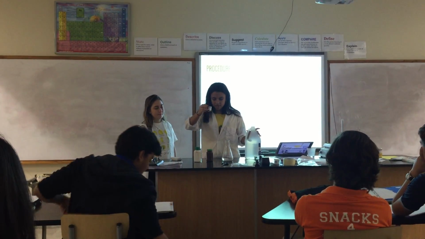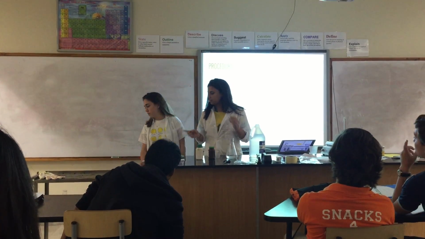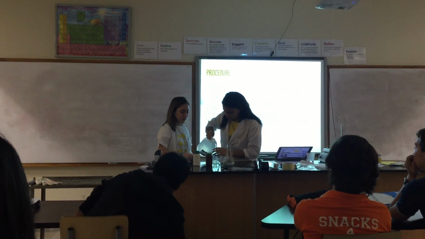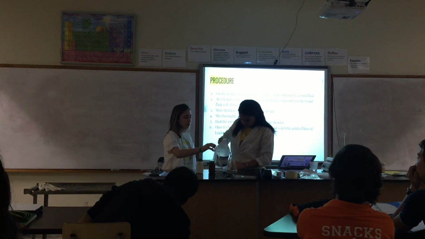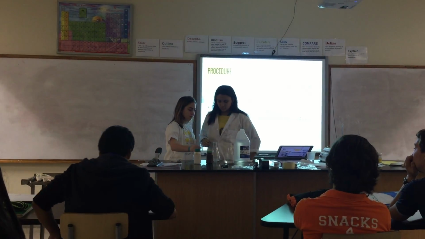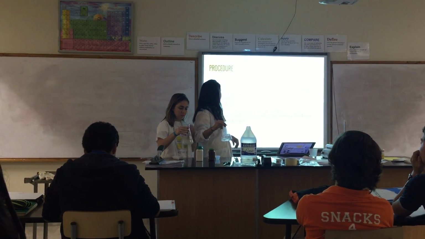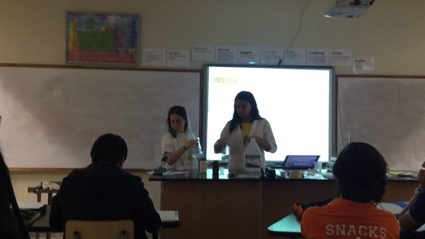So here's the potassium iodide, and in this one we put the lead nitrate. And then we have to mix them. Then we need to put both in one single beaker.